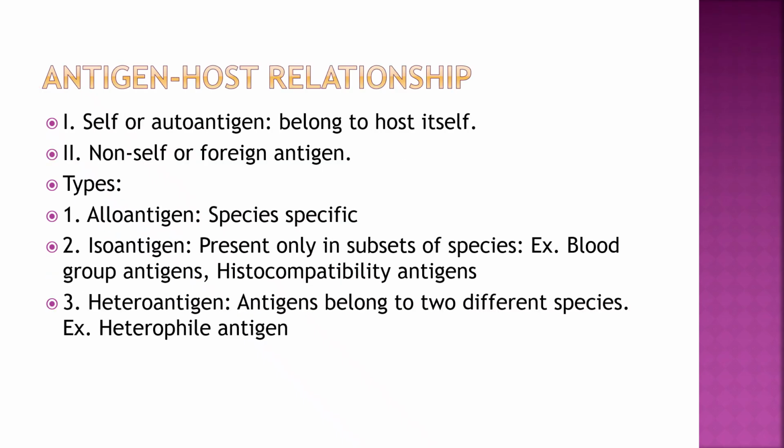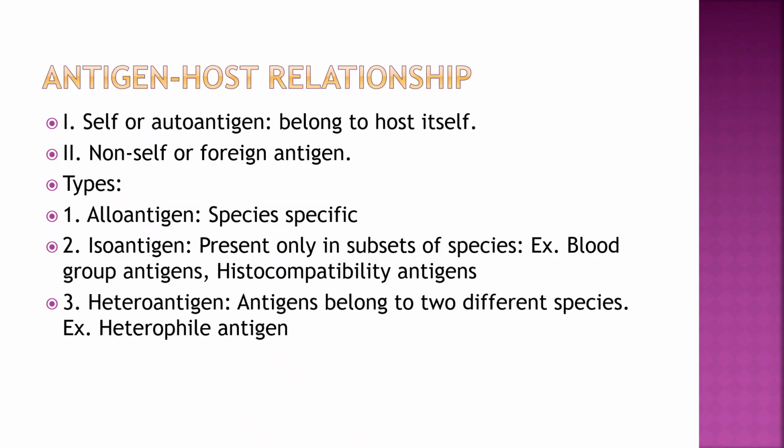Now we will see antigen-host relationship. So first is self or autoantigen, which belongs to the host itself. That is, the antigen is present inside the host body. Then non-self, also called foreign antigen. That means it is present outside the host body. Then they are again of different types. First is alloantigen.